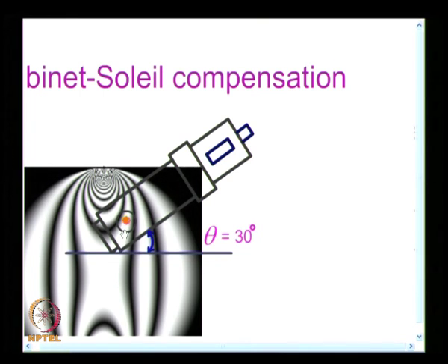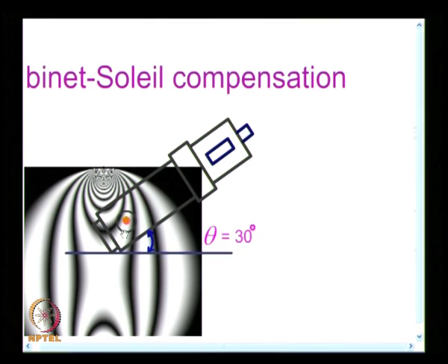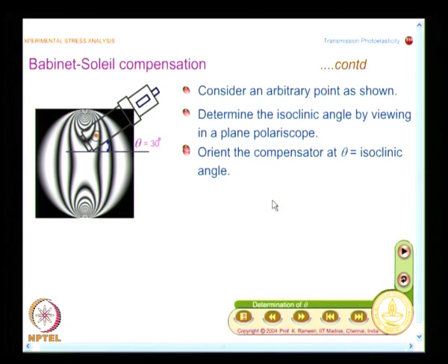Right now compensation is not applied, right now I have only aligned. Even when I have aligned it, there is a base compensation available, until I rotate the knob and make a fringe move to this point of interest, I will not know how to interpret the data. Now, what I will do is rotate the knob in such a manner that a fringe passes through the point of interest.